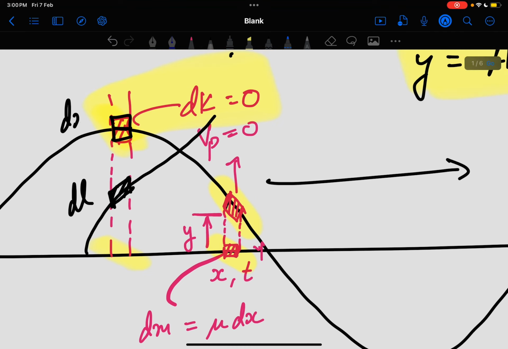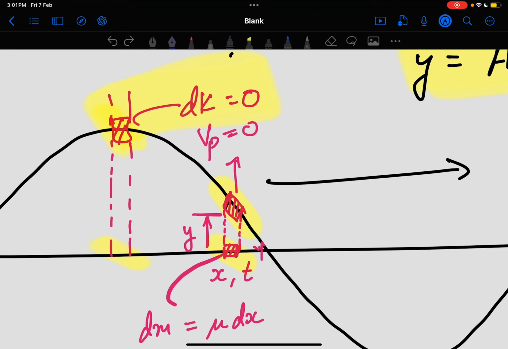So at the extreme position the length of that element is equal to dx, and this portion will not be equal to dx, it will be equal to dl, right? The same thing we have considered on this right side, right?